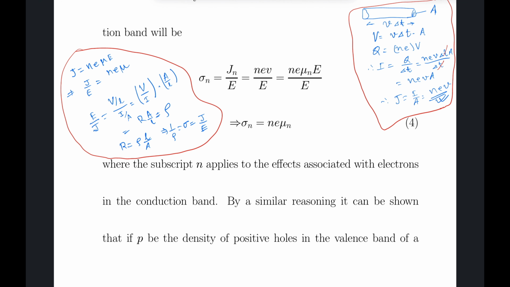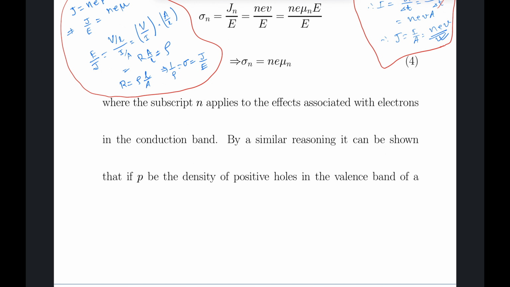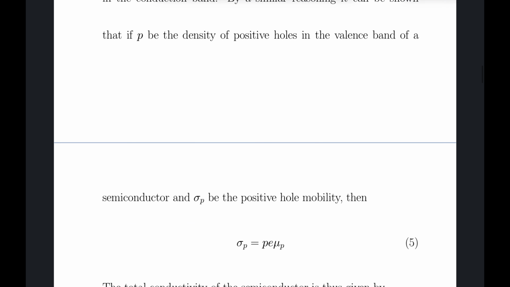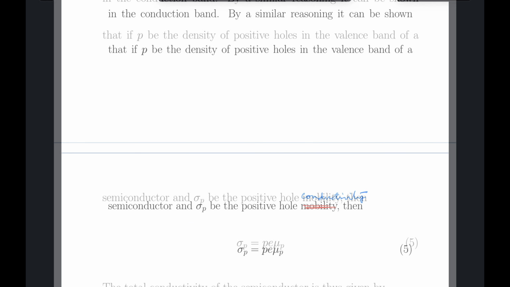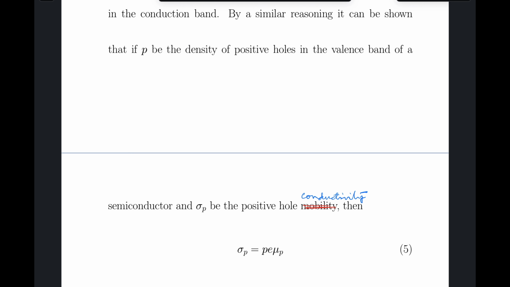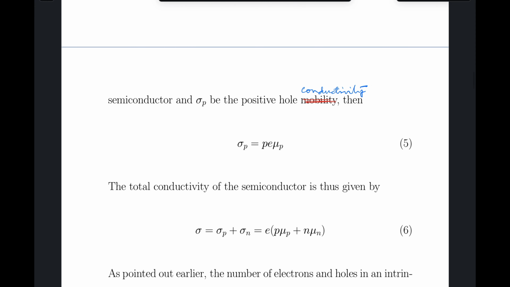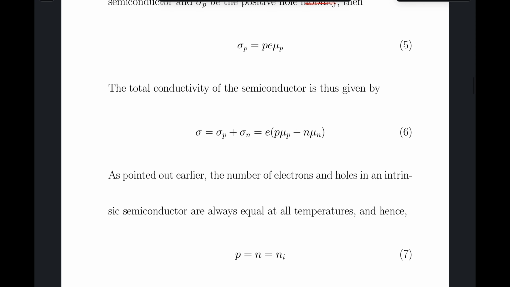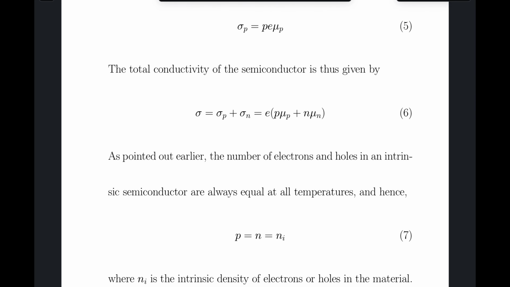So by similar reasoning, we can show that if p is the density of positive holes in the valence band of a semiconductor and sigma p is the conductivity due to the positive holes, then we can write sigma p is p e mu p. The total conductivity of the semiconductor is just given by the sum of the conductivity due to the electrons and that due to the positive holes. So sigma is sigma p plus sigma n. So this, when simplified, is put in this form: e times within bracket p mu p plus n mu n.